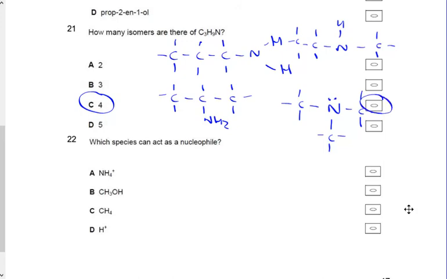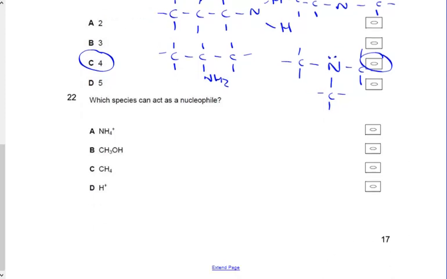Question number 22 involves looking at the definition of a nucleophile. A nucleophile is an electron pair donor. So we need a species with a free electron pair. The ammonium ion does not have a free electron pair because the lone pair in the nitrogen is bonded to a proton.